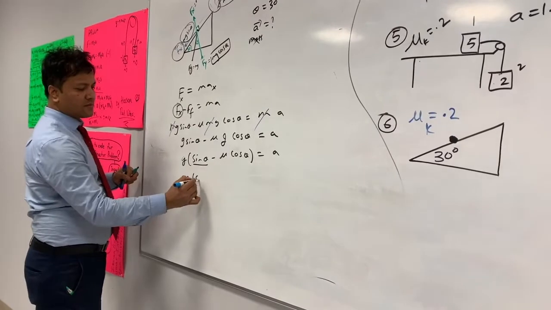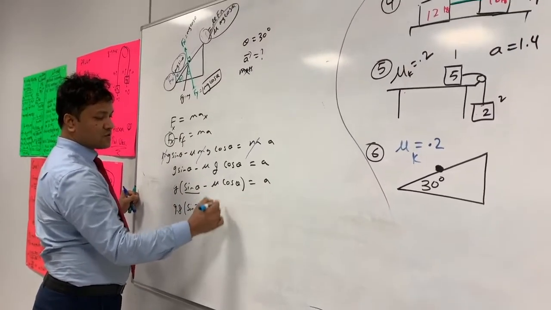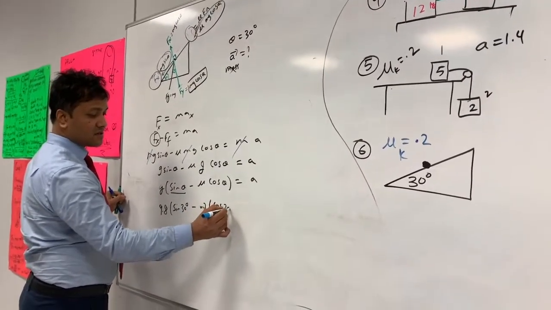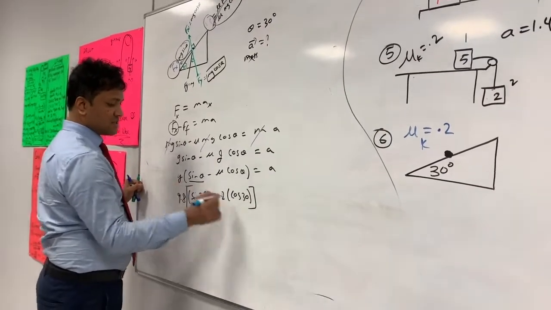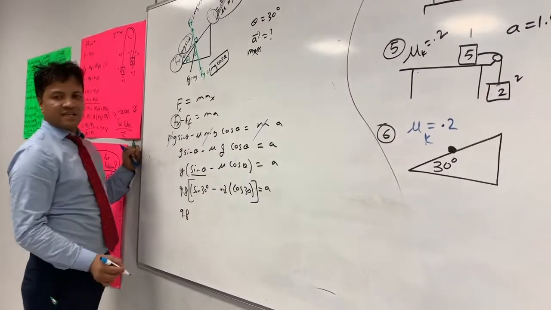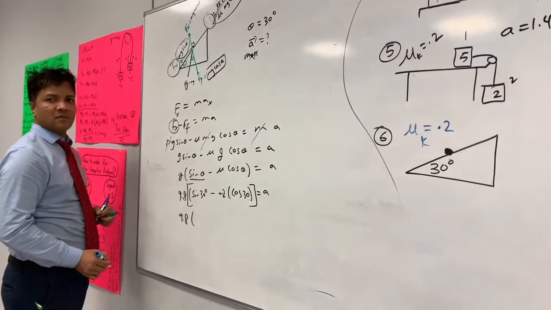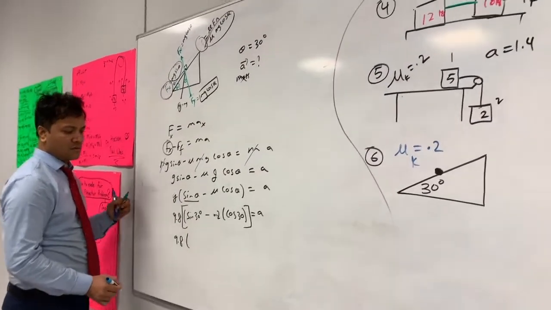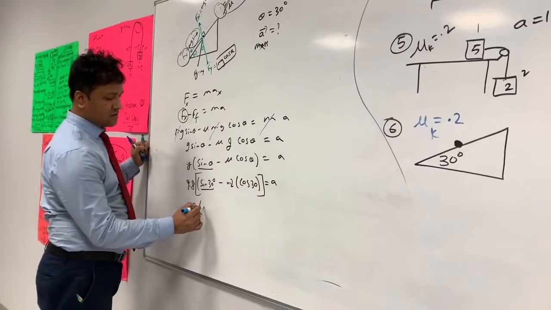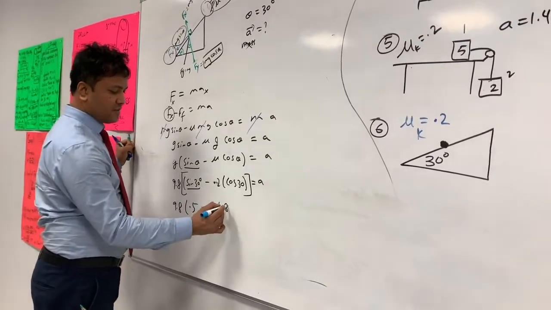So g is 9.8, times sine 30 degrees minus mu, which is 0.2, times cosine 30 degrees. Sine 30 is half, 0.5. Cosine 30 is 0.87.